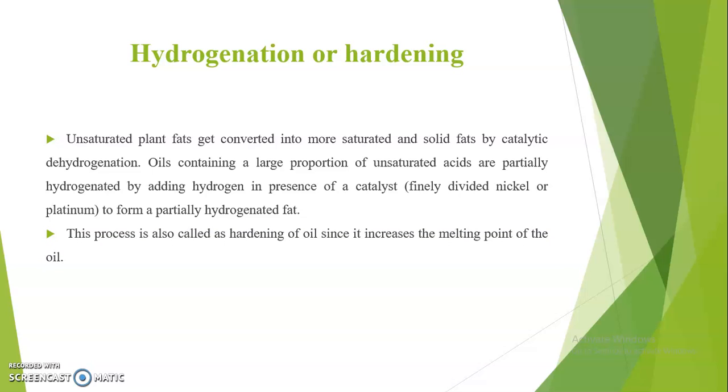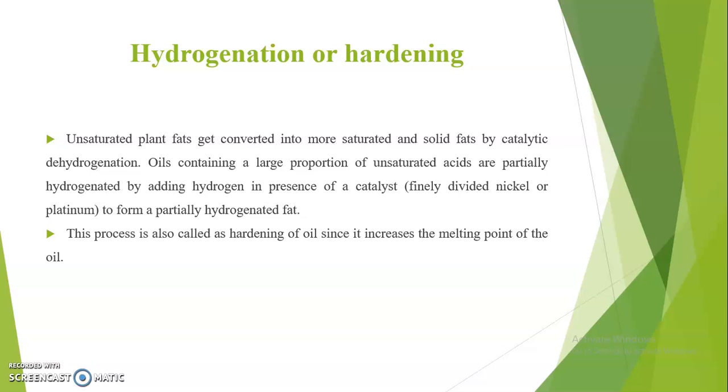This process is also known as hardening of oil, since it increases the melting point of the oil. When unsaturated groups are converted into saturated groups, the fat or oil becomes more solid, and due to this their melting point increases.